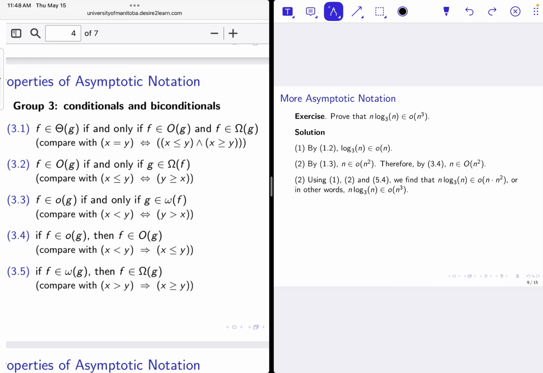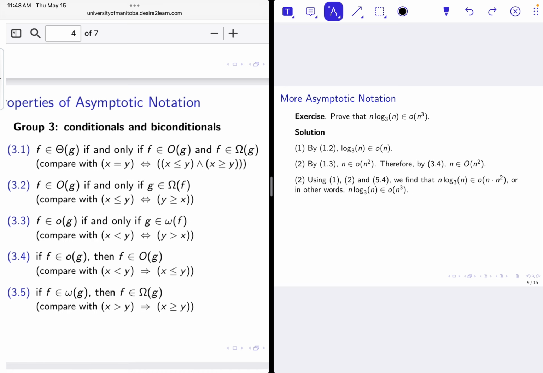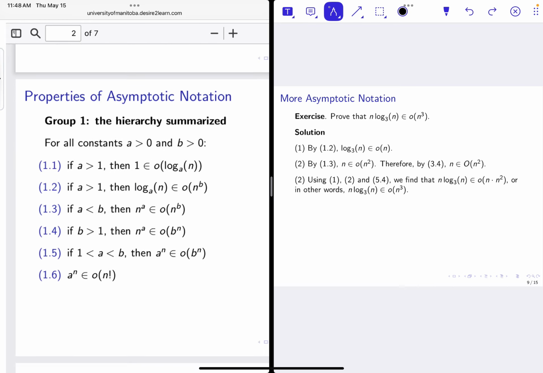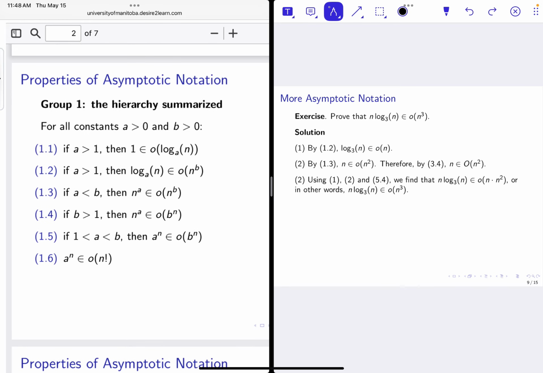Ooh, logarithms. So we're going to show that n times log base 3 of n is in little o of n cubed. So we start off with the fact that is hopefully being drilled into your heads right now.